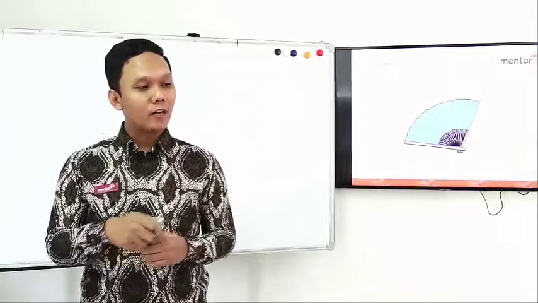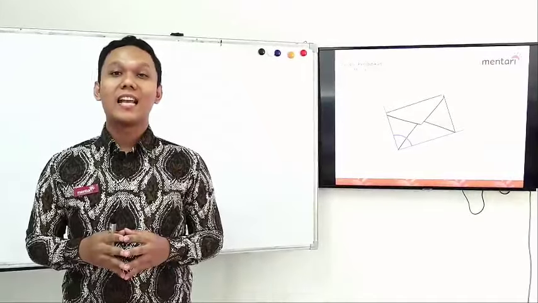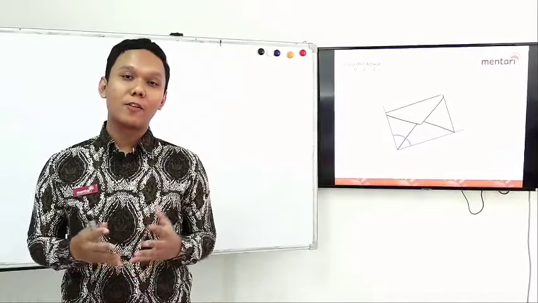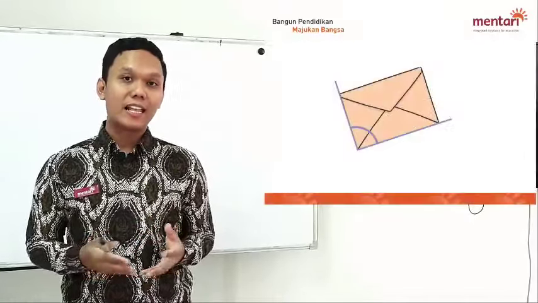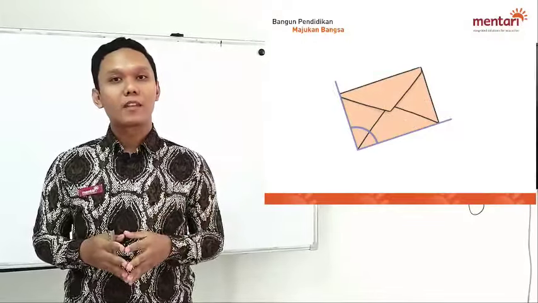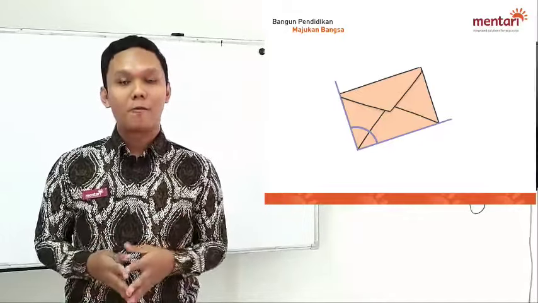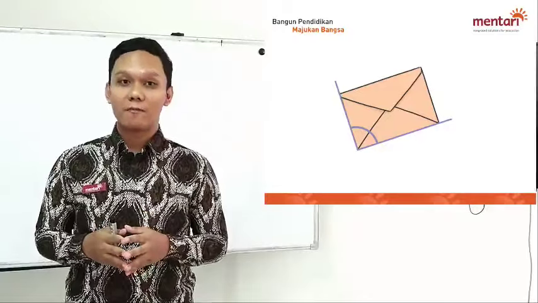Let's take a look at another example. This is an envelope, and the envelope has angles. The one I marked on the slide beside me is not the only angle; you can also find other angles in the envelope.